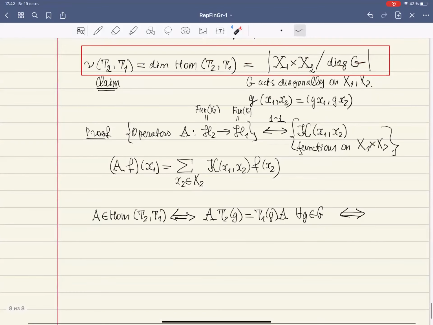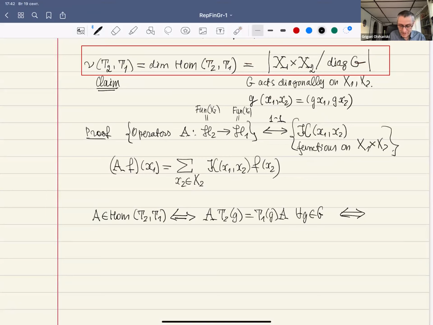Clear, okay. So the final step is just to remark that this condition just means that our kernel is G-invariant.